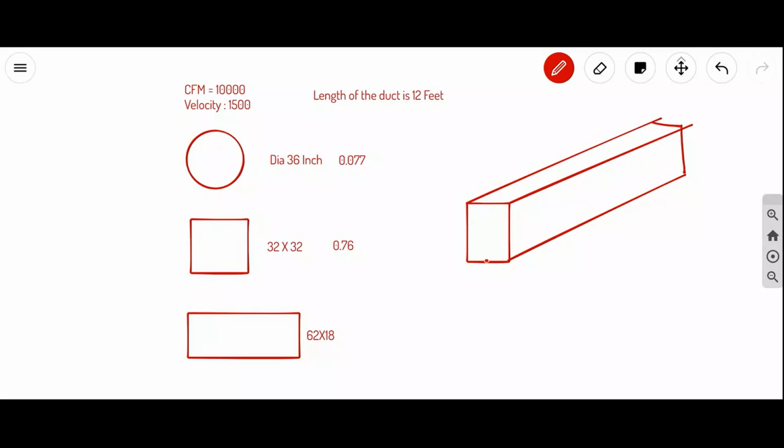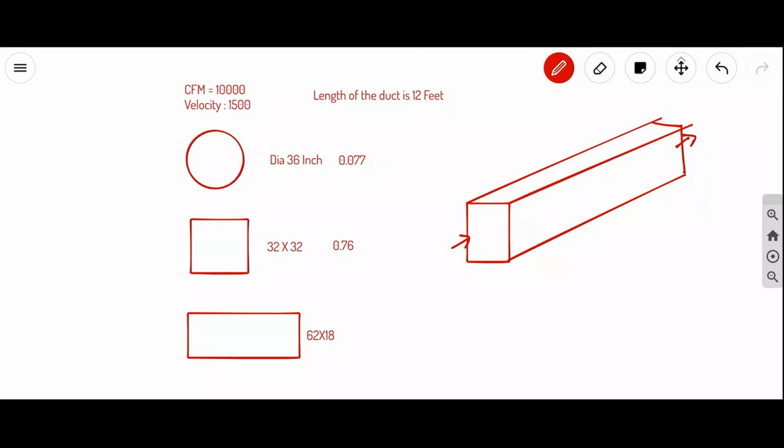So now I need to throw the air from this point to this point, so I need some pressure. That pressure is given by the blower, and the blower runs on a motor. If the contact area increases the surface area, that leads to more friction loss.